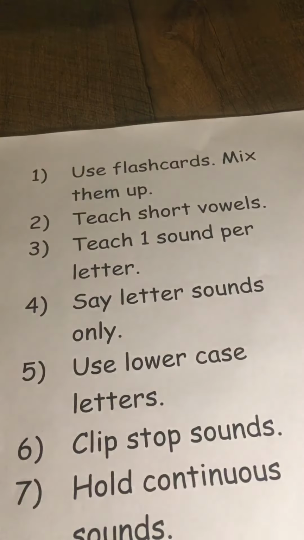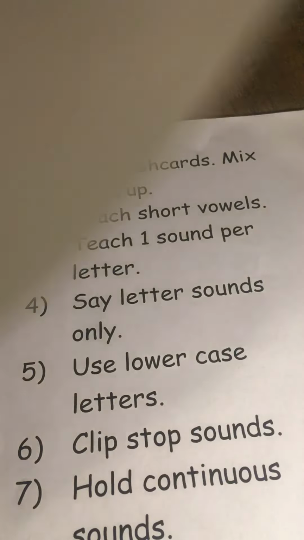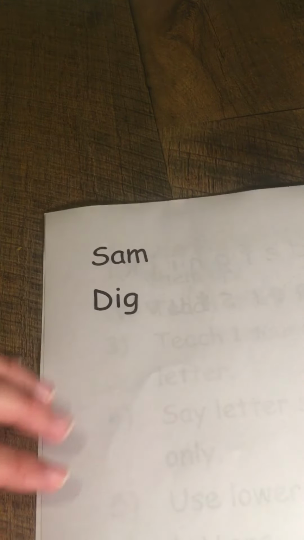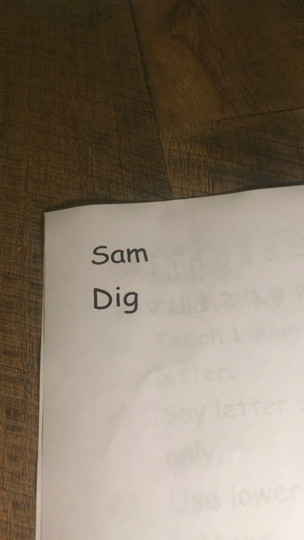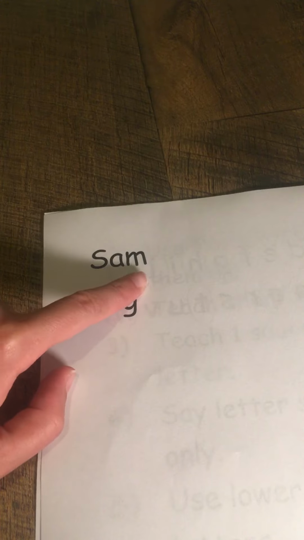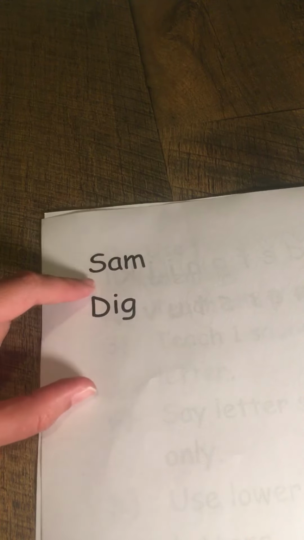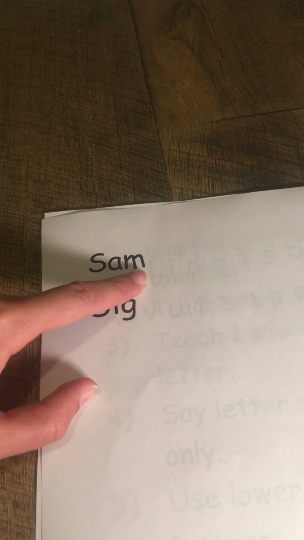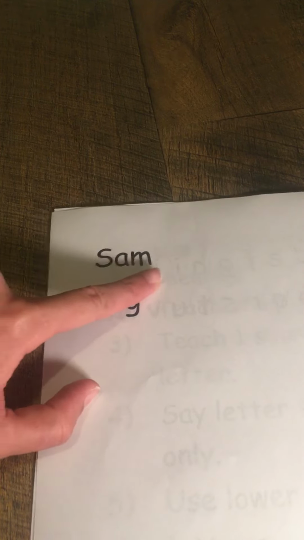So part of the reason you want your student to hold continuous sounds is because these sounds make decoding a little bit easier in the beginning stages of reading. So if your student is going to read a word like Sam, which is composed entirely of continuous sounds, they would say Sam, Sam, Sam.